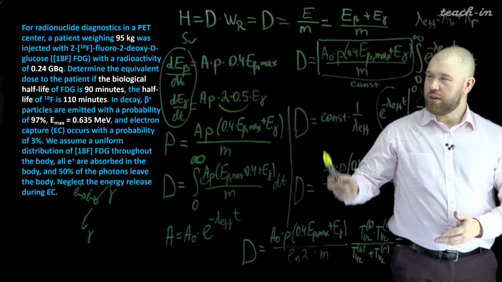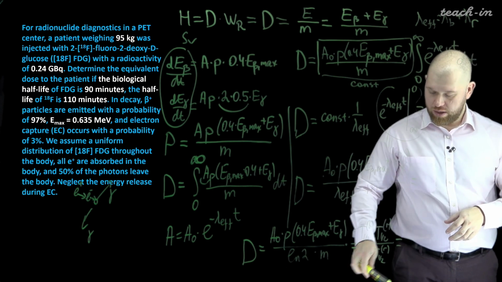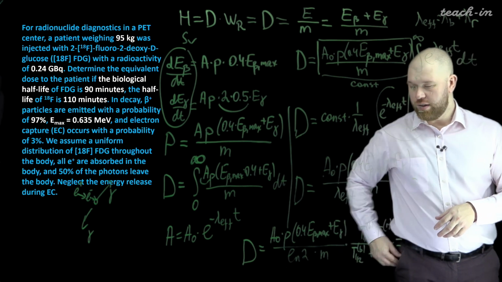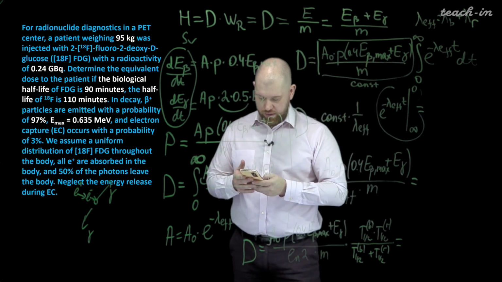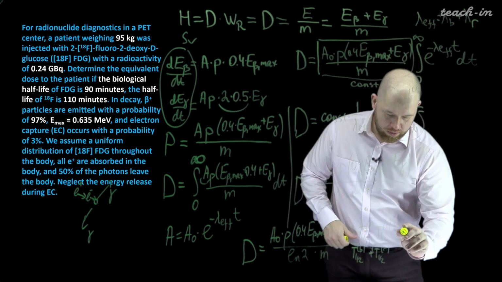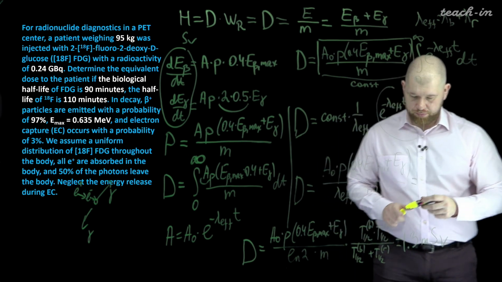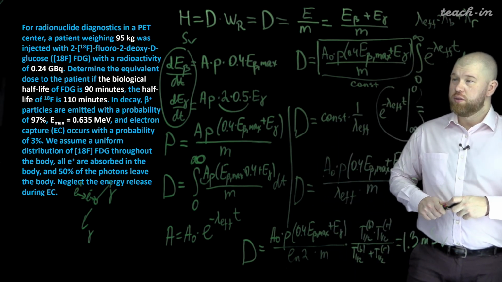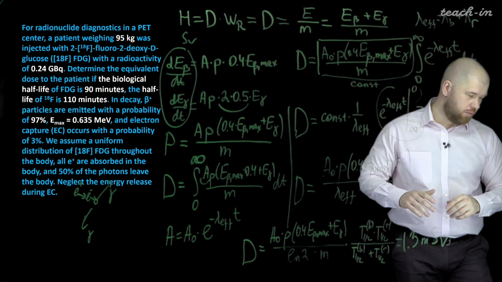And the half-lives are given in minutes, and we have to convert them to seconds. If we calculate all these numbers, it will be 1.3 millisieverts. So you can check it by yourself. There is a question, one moment.